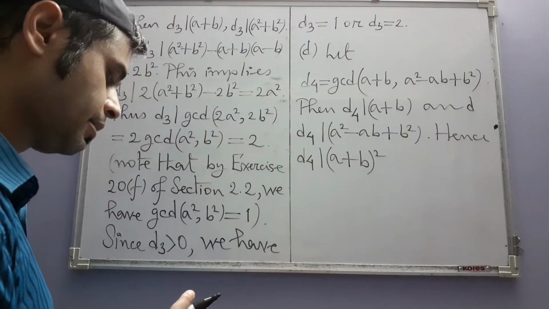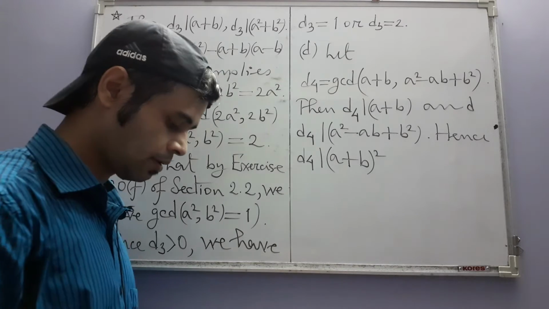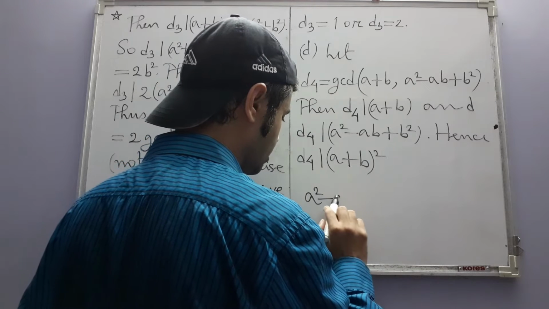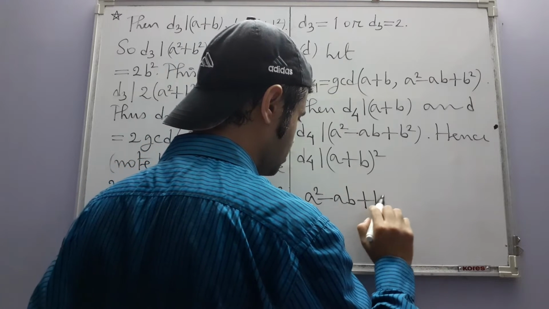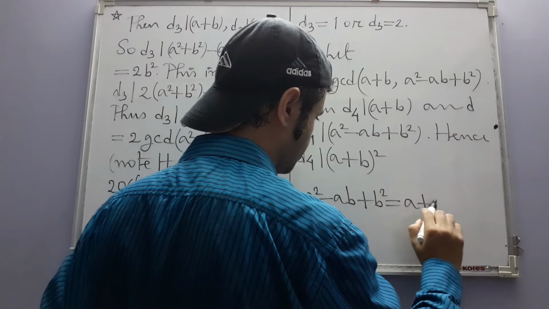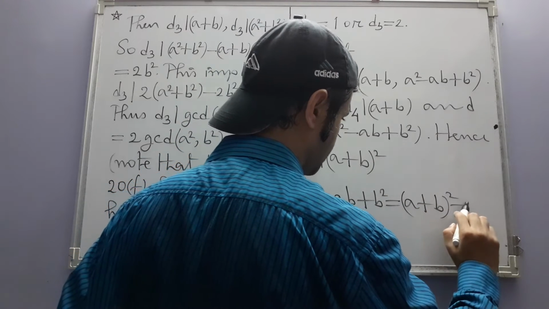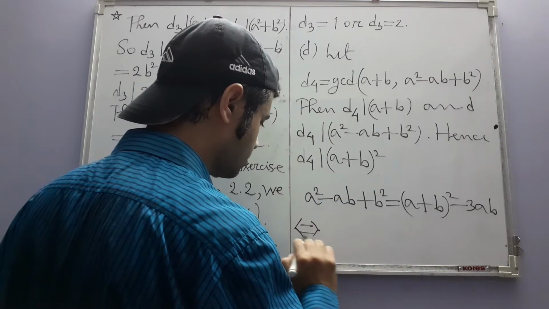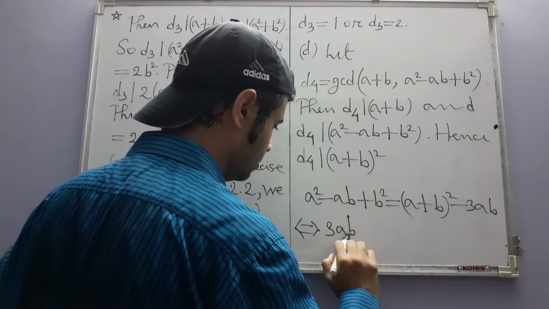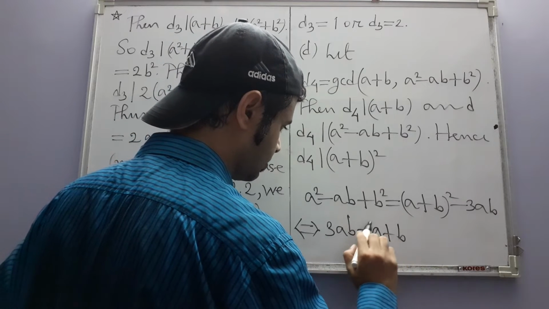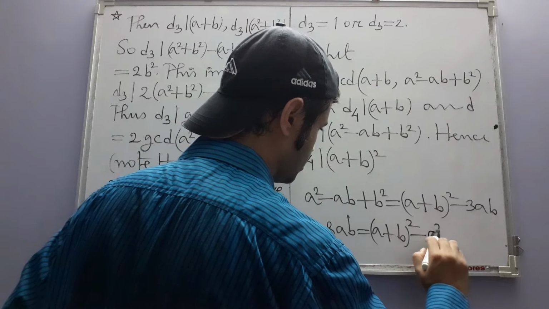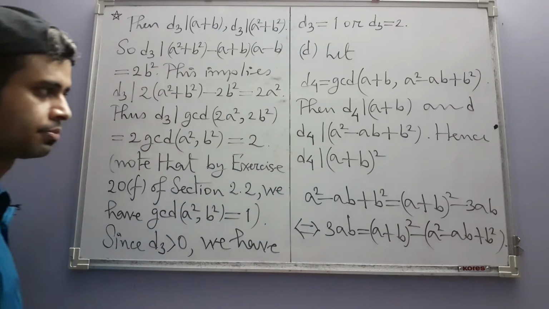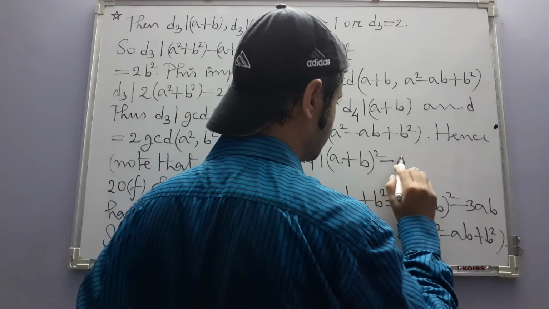Okay, so exactly how? Yes, because you see what is given is this: a squared minus ab plus b squared equals a plus b whole squared minus 3ab, which is equivalent to 3ab equals this minus this expression. Okay, so here we are going to write that.